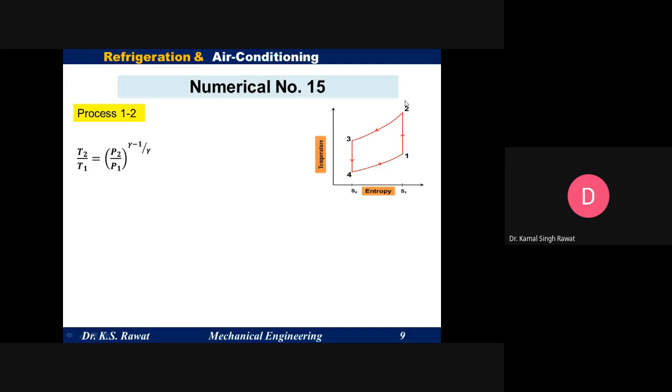Gamma equals 1.4, P2 by P1 is r, and T1 is known. So T2 upon 289 equals 5.2 to the power 0.286. Now tell me the value of T2.